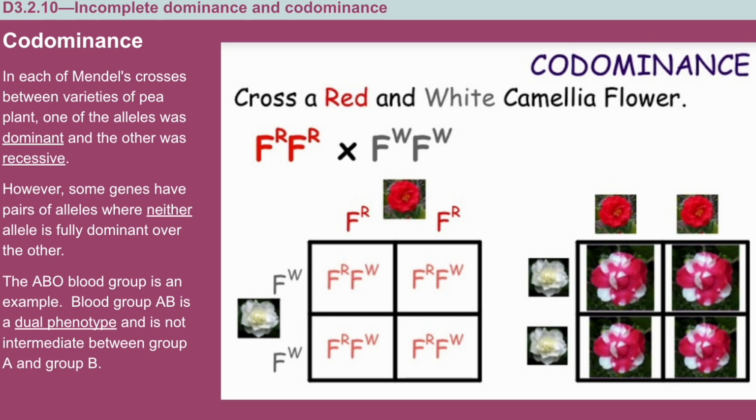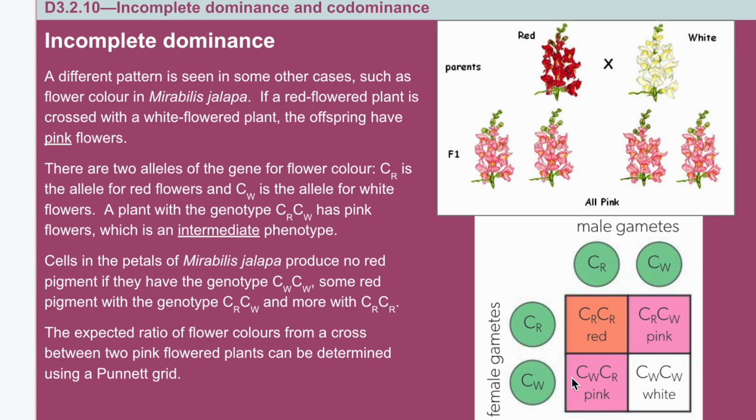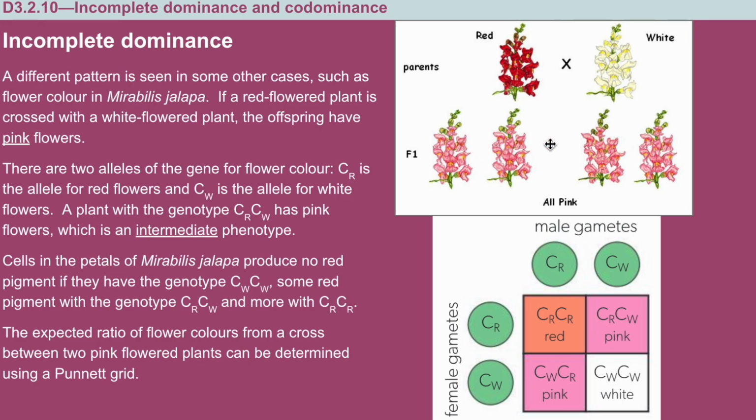In contrast, incomplete dominance is when you would have a red and a white flower, and instead of red and white flowers, we see an intermediate phenotype, which is pink. So this is incomplete dominance, and you should be able to differentiate that from codominance, where both traits show up.